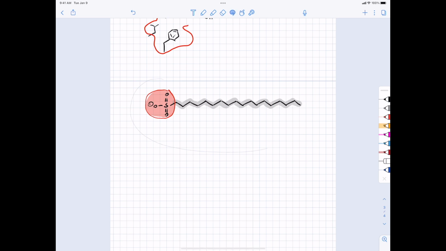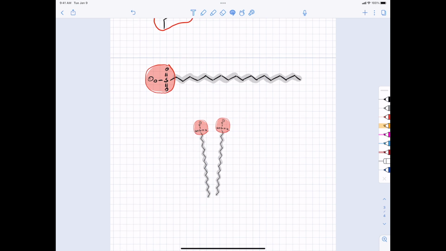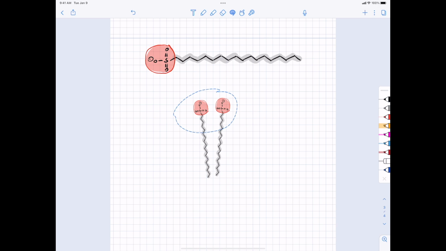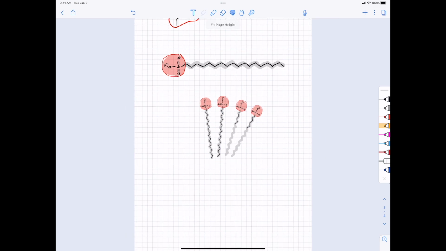So what happens is that these molecules self-associate with each other. You're getting the idea here.